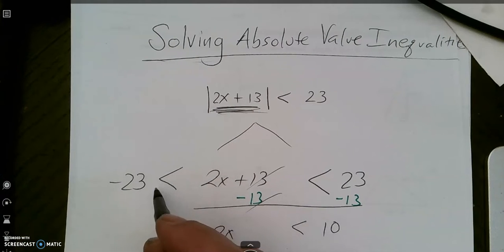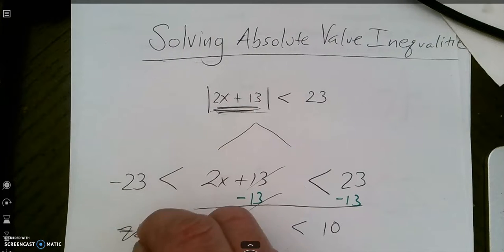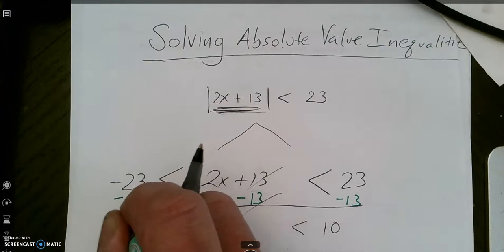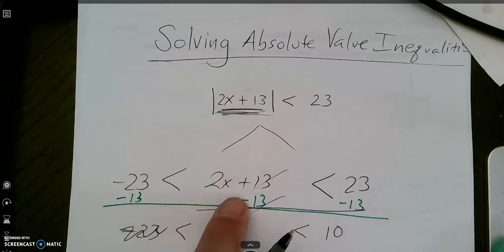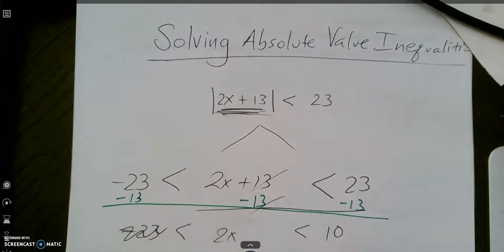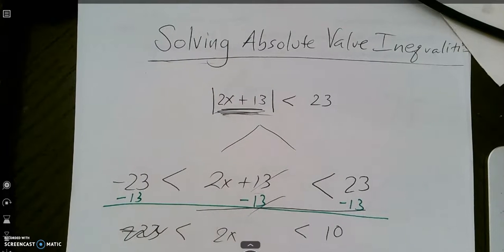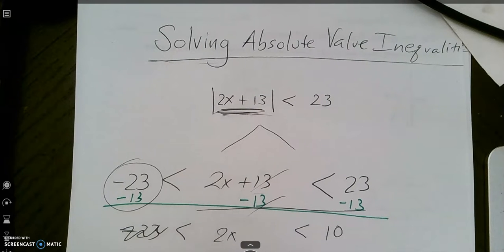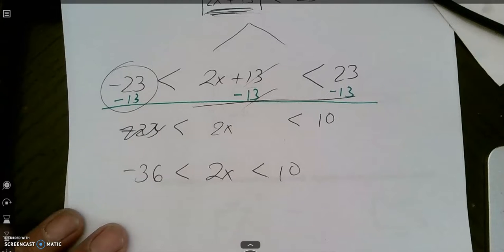There's still this side, though, so we bring that side down, too. Oh, sorry, before we do it, because we subtracted 13, we need to subtract 13 on both sides. So we have the middle, and now we have left and right. So if you do 13, you have to do it to all parts. So sorry, this part here is negative 36. Okay, so now it looks like that.